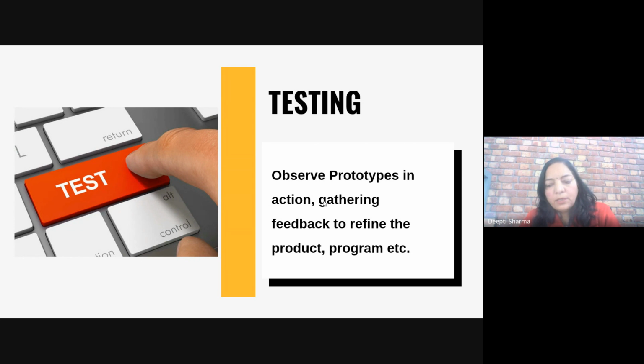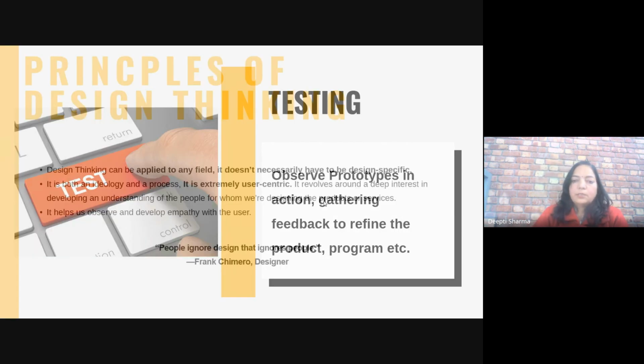Whenever we implement that new method with a particular class or section of students, we can take feedback from the students as well as from all stakeholders, including the management and the faculty members, on how this method is, and we are always ready to make changes to our already presented prototypes. So this is the testing phase.